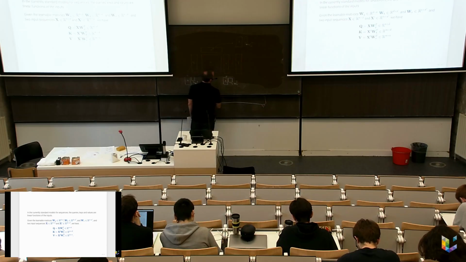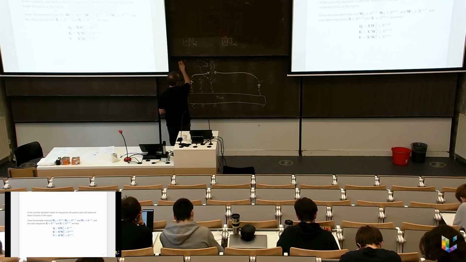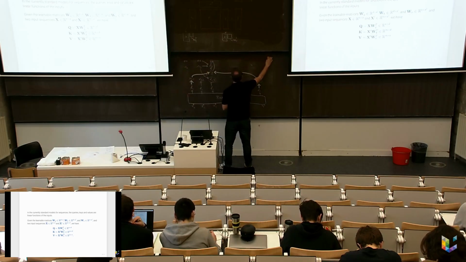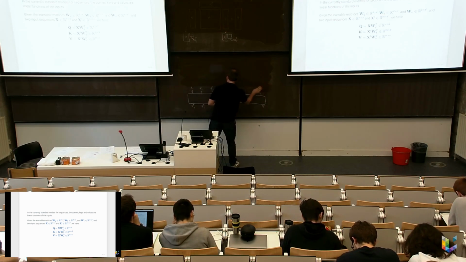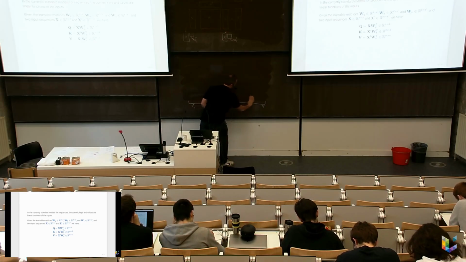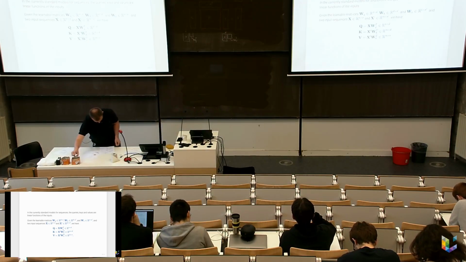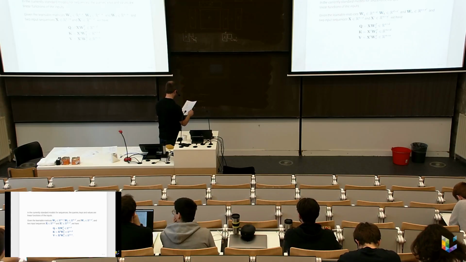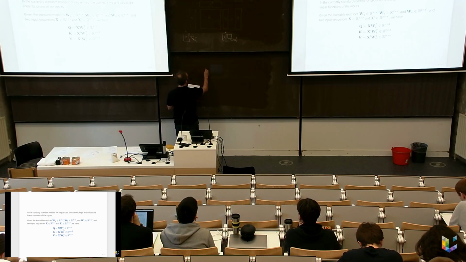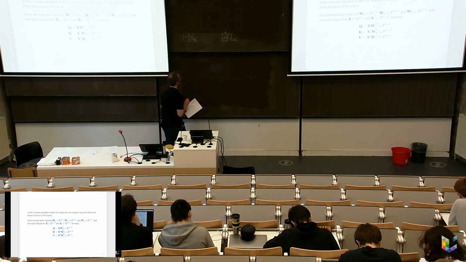Now, what do we do in a fully connected layer? In a fully connected layer, we compute, for example, H as W transpose times X, so we obtain a vector from the product of a matrix with a vector.